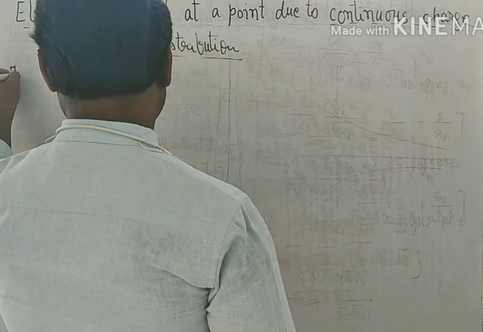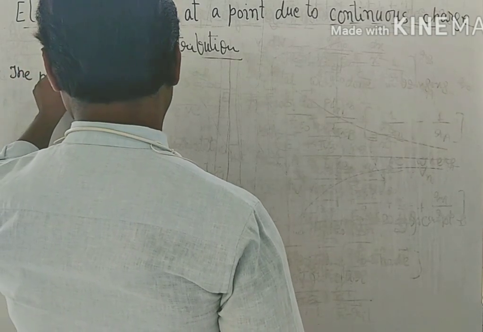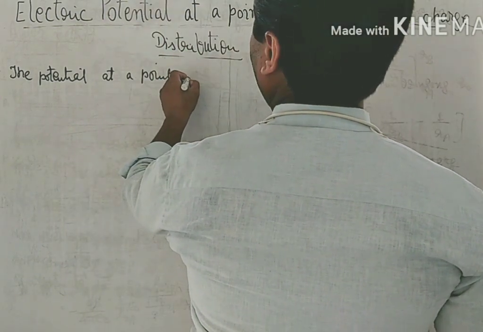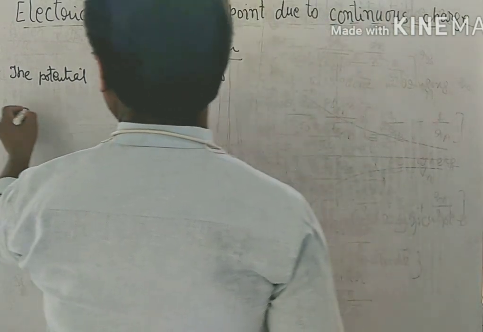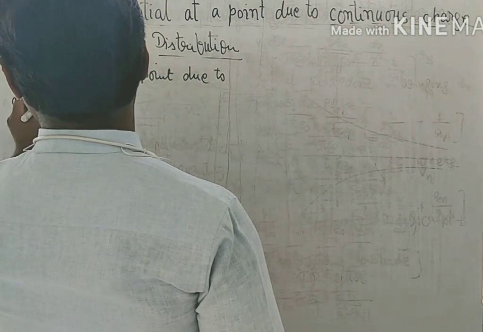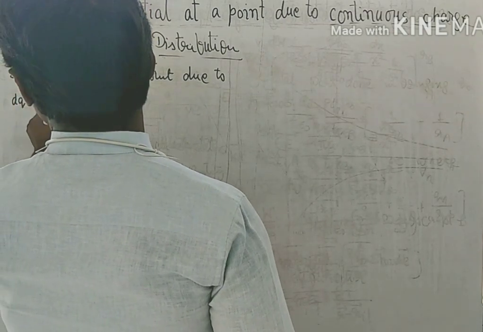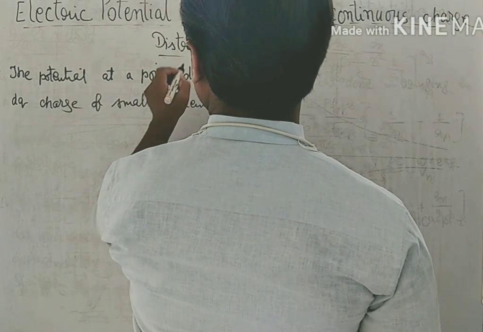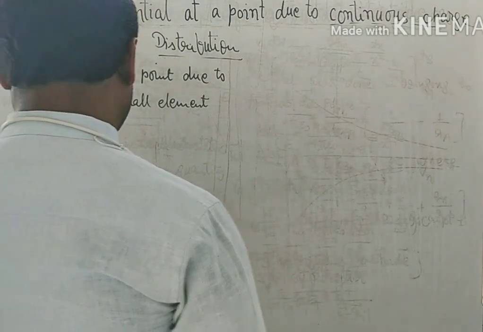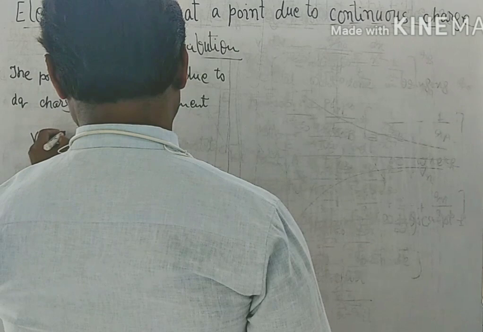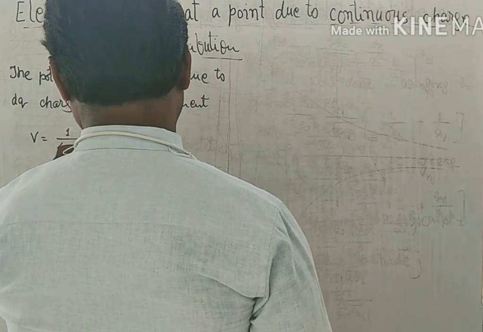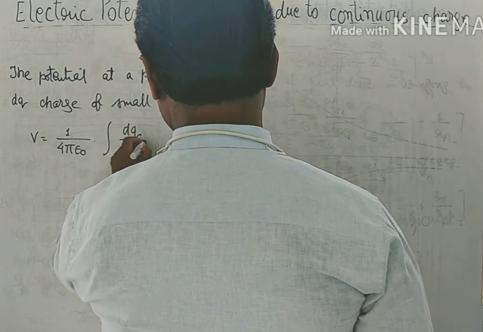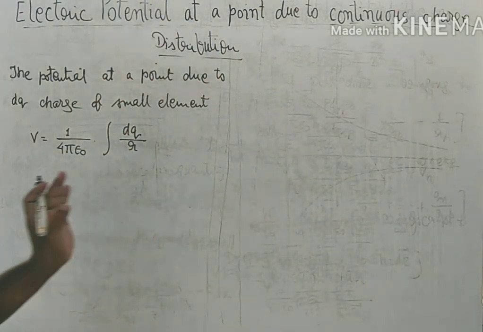So the potential at a point due to dq, the charge of the small element, we write as V equals 1 upon 4 pi epsilon naught dq upon R. Fine with this?